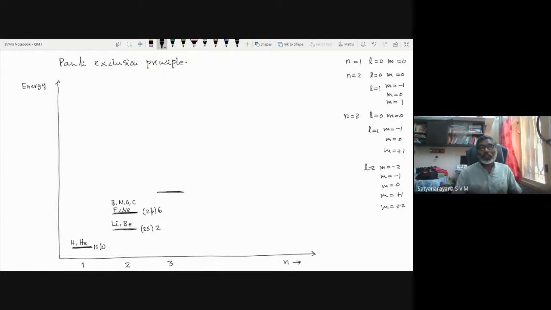So these many states will be there, and this state is called 3s, and these states are called 3p, and these are called 3d. There will be 10 such electrons.